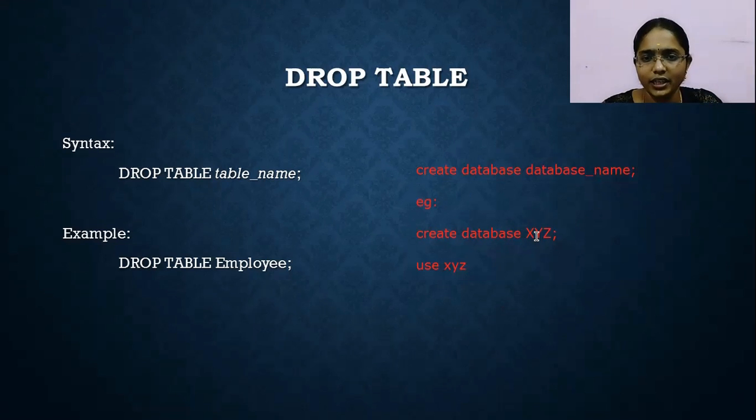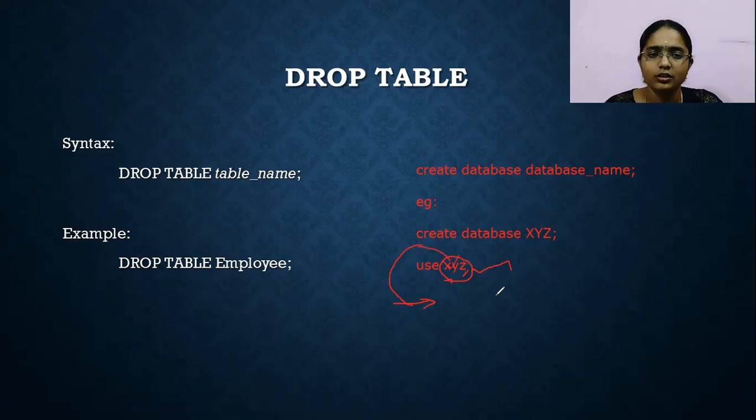After creating a database, if you want to create a table inside it, the next important foremost command to be executed is use, and the particular database name has to be mentioned. This is very much important. After executing this command, have a habit of executing whatever command you want. Then whatever table you are creating will be created inside this database XYZ.